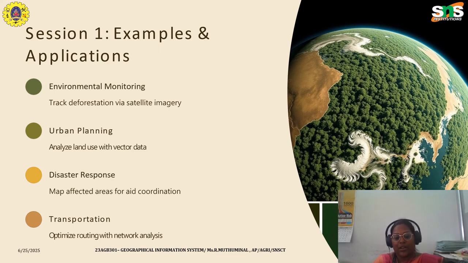In urban planning, we analyze land use with the help of vector data. In disaster response, we map the affected areas for aid coordination, and for transportation, we optimize routes with the help of network analysis.